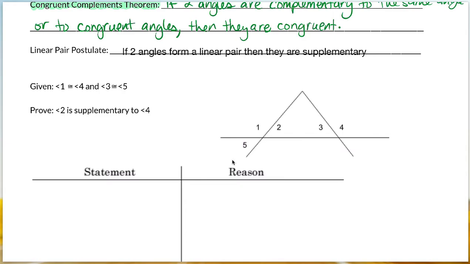To remember what a linear pair looks like, they are a pair of angles that forms a straight line, and they will be supplementary all the time.